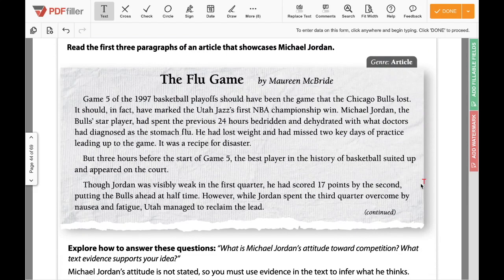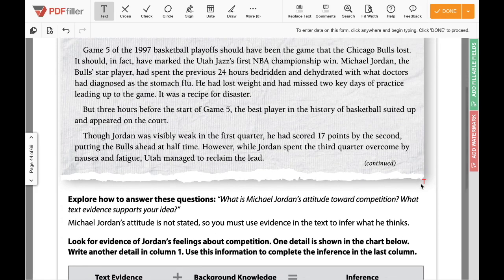So, we know that Michael Jordan got diagnosed with the flu before Game 5, which is this whole game that we're talking about. Now, where is the point where we might see something that would tell us anything about how Michael Jordan feels about competition?